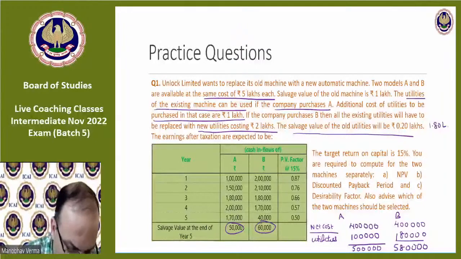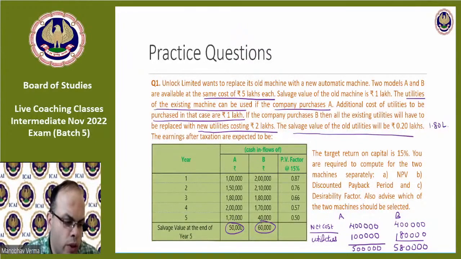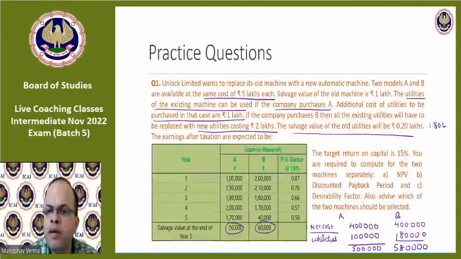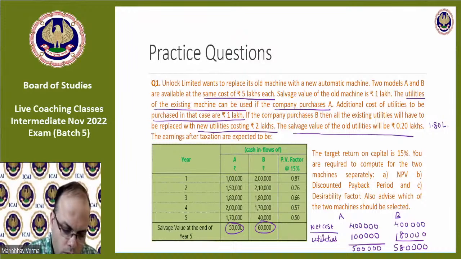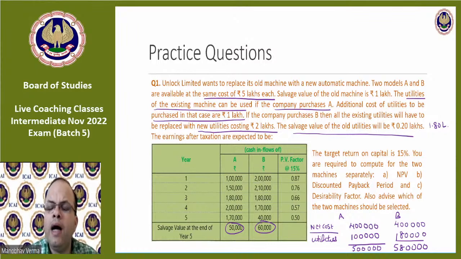I guess Prabhas and Khushi, you guys are absolutely spot on here. What do you think, guys? Everyone else is on the same page? 5 lakhs and 5 lakh 80,000, please. Everyone is on the same page? Smita, we need to add the.